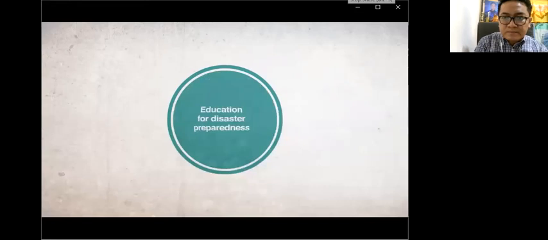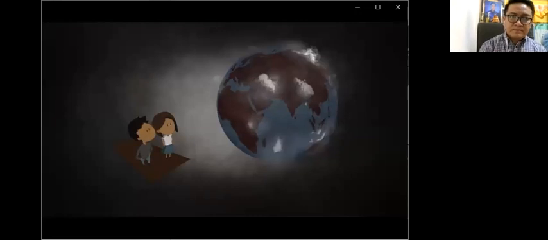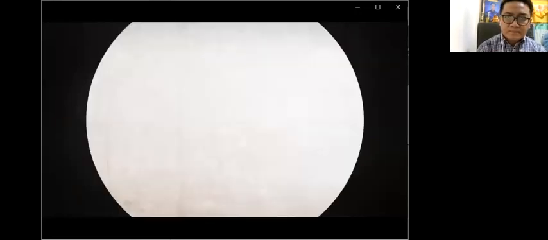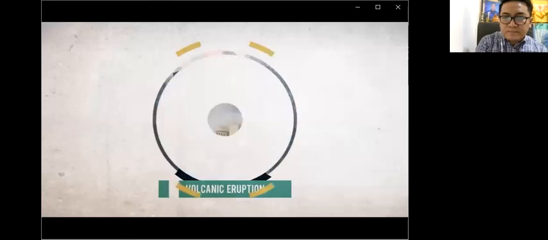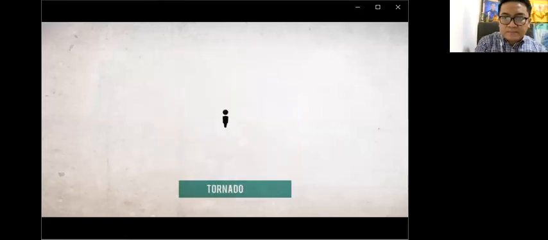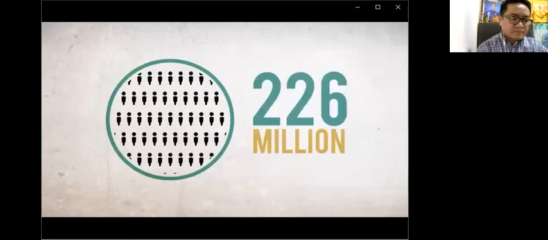Disasters create large humanitarian and development challenges. The frequency and severity of disasters have increased over the last few years, also as a result of climate change. More than 226 million people are affected by disasters every year.